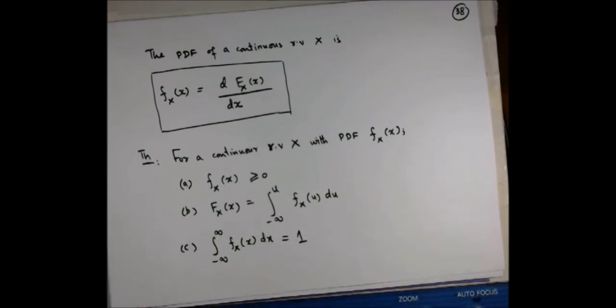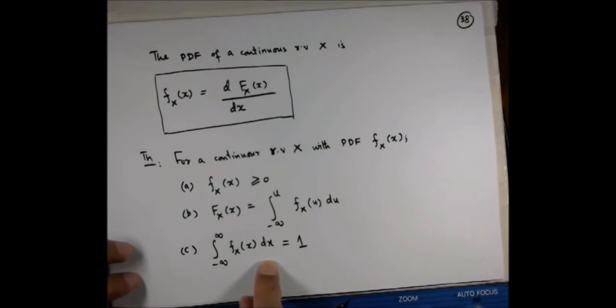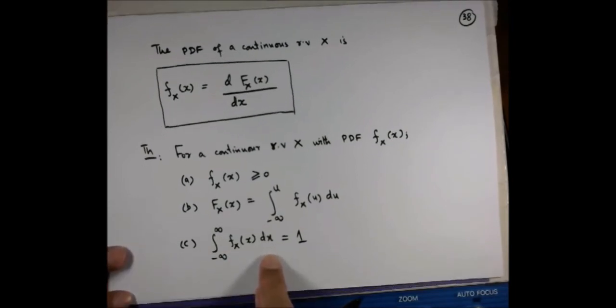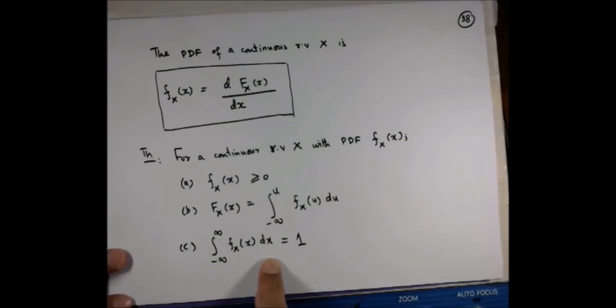So now we see that this relation gives you the total probability of a random variable, and this cannot go beyond 1.